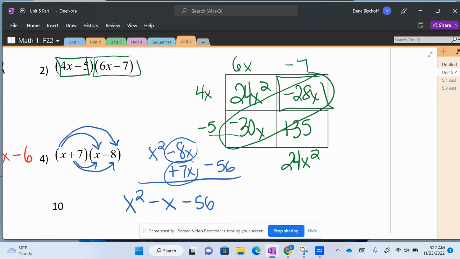I have two negative x terms that I'm adding together. So same signs, add and keep, -58x plus 35. So that's using a factor box. And again, we'll use that eventually. So it's good to see.